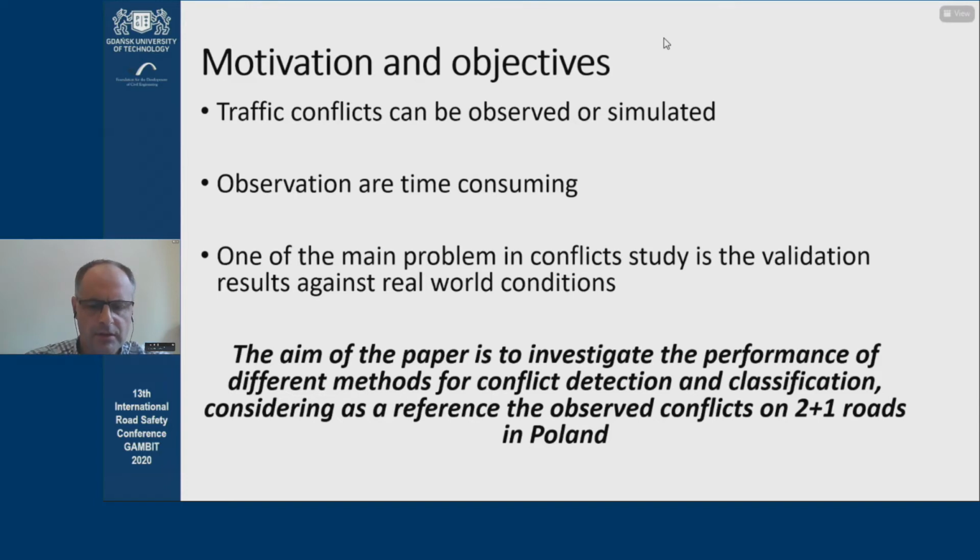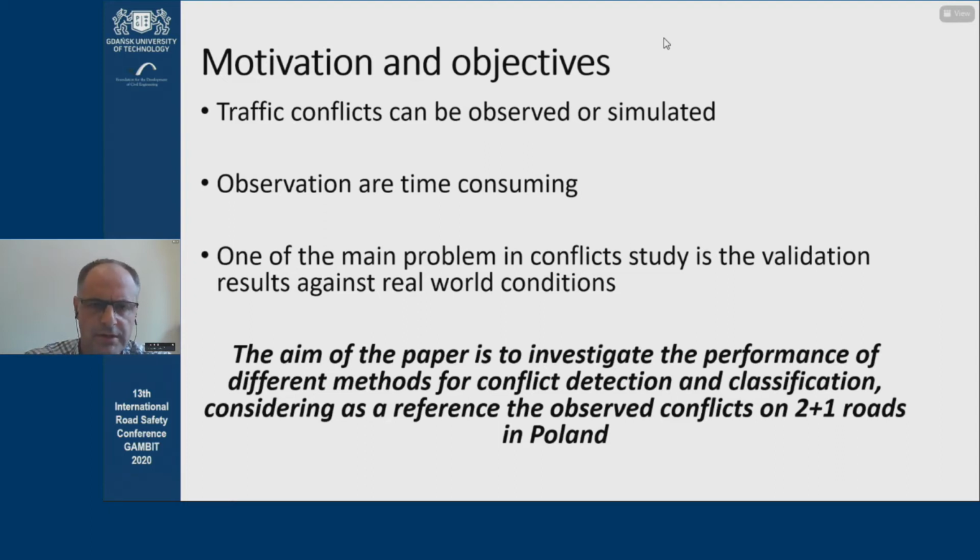So what were the objectives of our research? First of all, it was to assess traffic conflicts. We began with observed conflicts and then moved on to simulated ones. It involved microsimulation, and we used driving simulators.